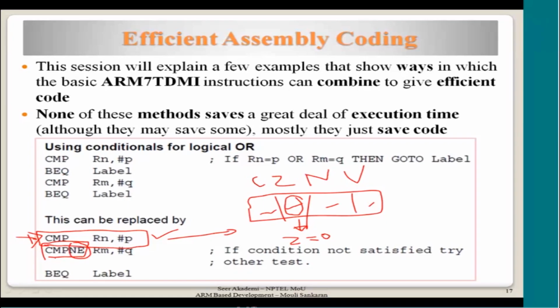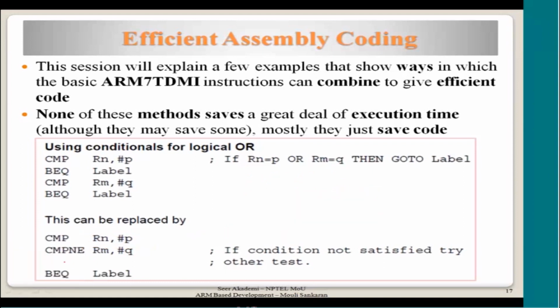Then compare NE means what? Only if the previous comparison happens to be false, you execute this instruction. Who executes the instruction? Not you or me, the processor. So the processor should execute the instruction CMP only when NE is true. That means the previous comparison has resulted in a false, right? That is what we want.